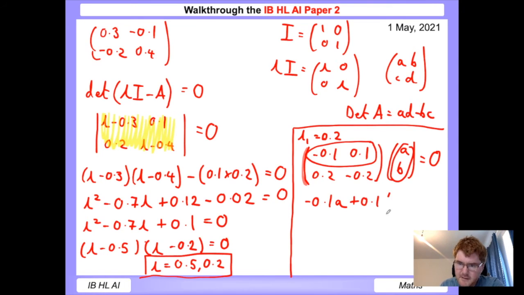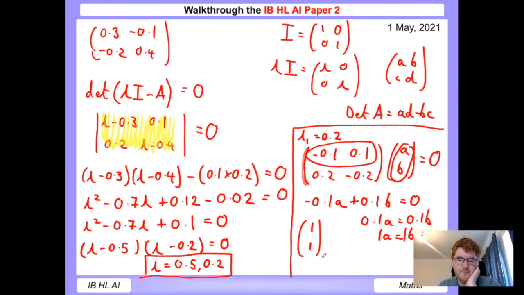Plus 0.1b is equal to 0. We want to get a the subject. This is really important. So we get 0.1a equals 0.1b, and we can essentially see that a equals b, which makes our eigenvector very easy to find, because if we look at our coefficients, both are 1. So our eigenvector is 1, 1, and this is associated with the eigenvalue of 0.2. So we've got our eigenvector there.